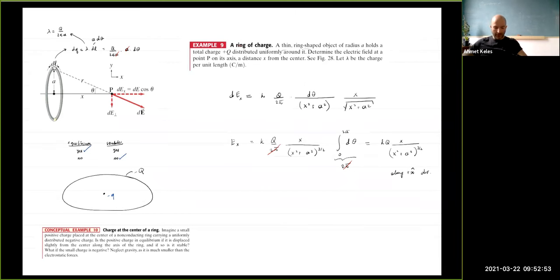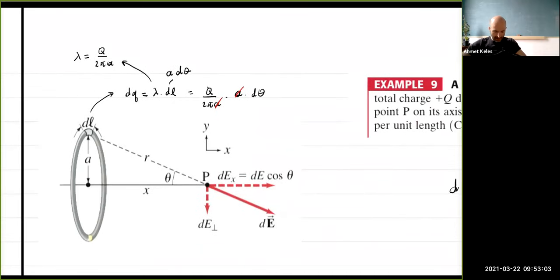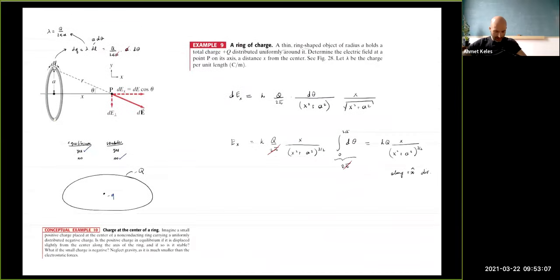So dl, okay, I mean it's here, right? Let me convert dl. What is dl? Well, it's just the definition of dl, right? If you have a circle, maybe I can draw it.